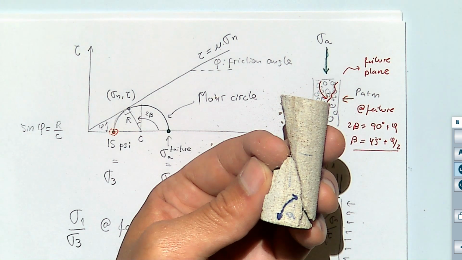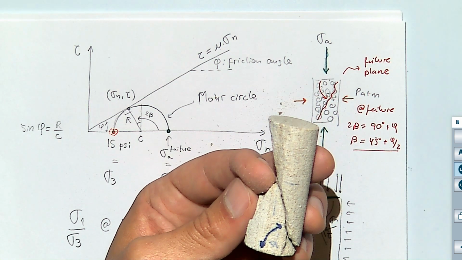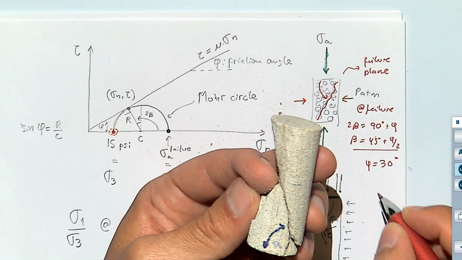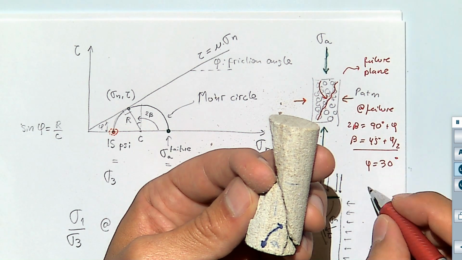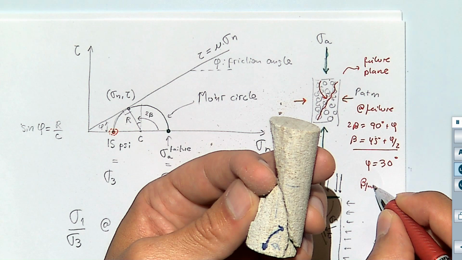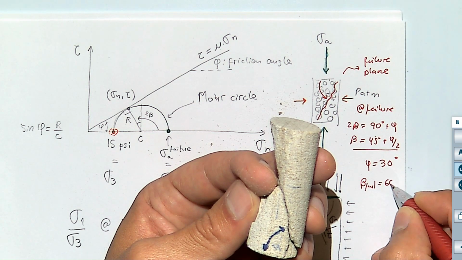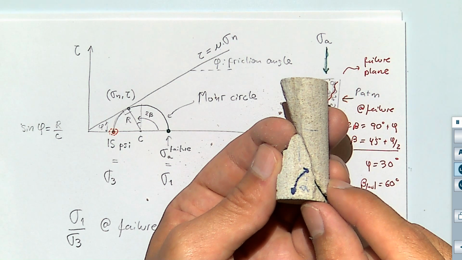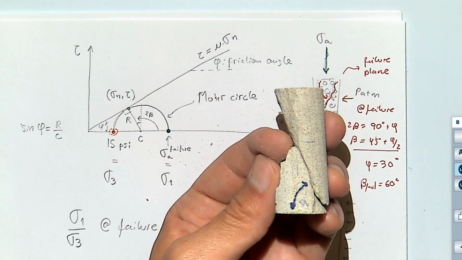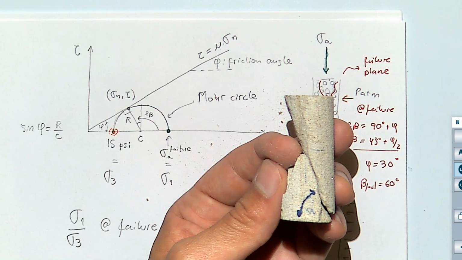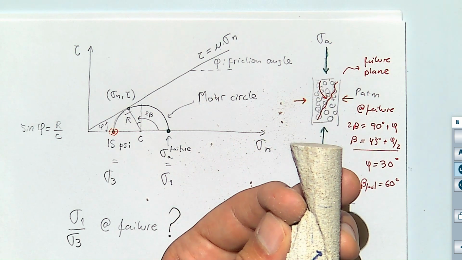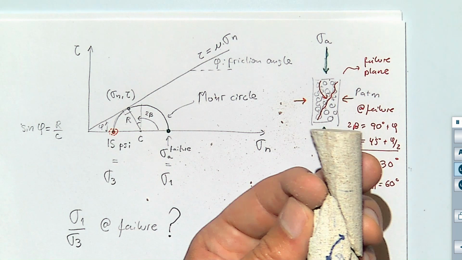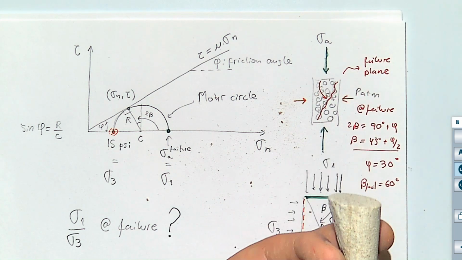And for a typical friction angle, what is going to be the angle at failure? 60 degrees. And you see that more or less this angle over here is 60, 60 something. This is something very important that I want you to remember because we're going to apply it a lot later on. What is the angle with respect to the maximum stress?